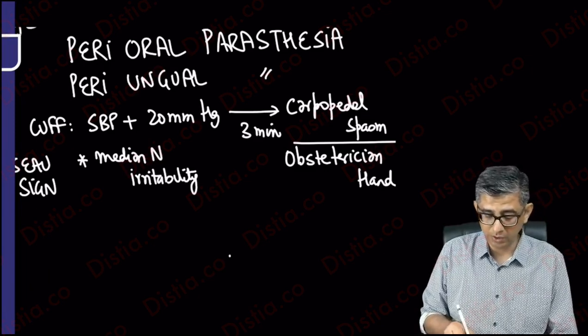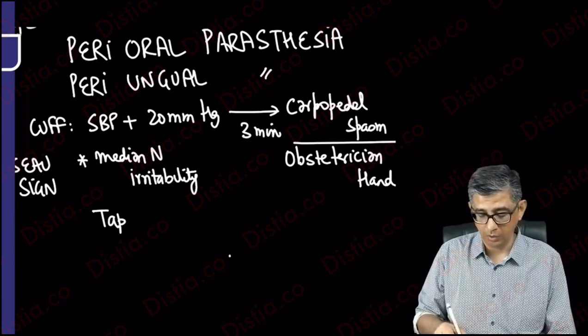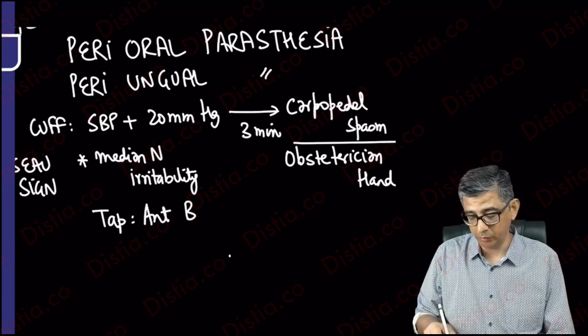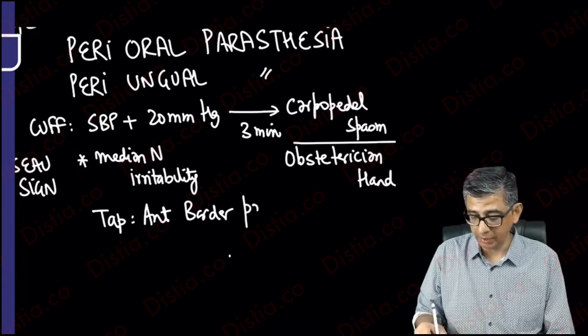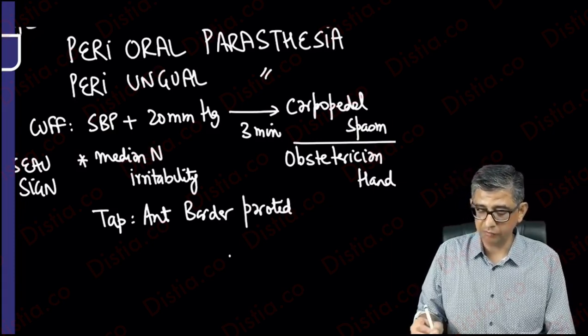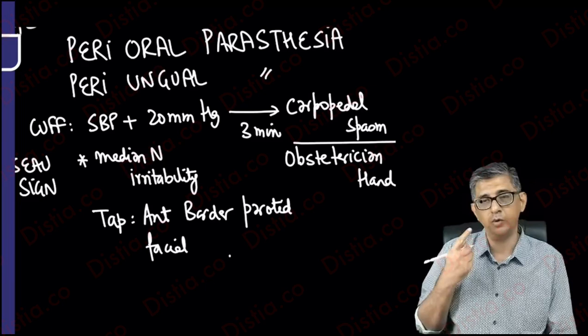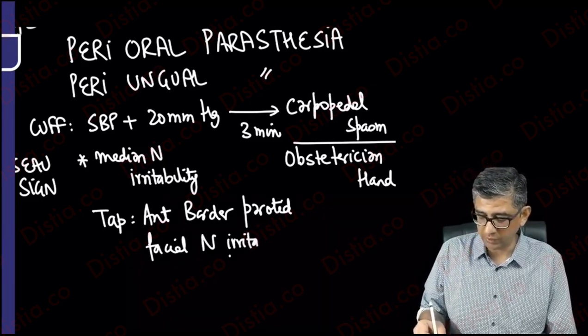The next thing I'll do in the same patient is tap on the anterior border of the parotid gland. Coming out of the anterior border of the parotid is the facial nerve. I am trying to demonstrate facial nerve irritability, and in a normal person, if you tap there, it will not cause anything.